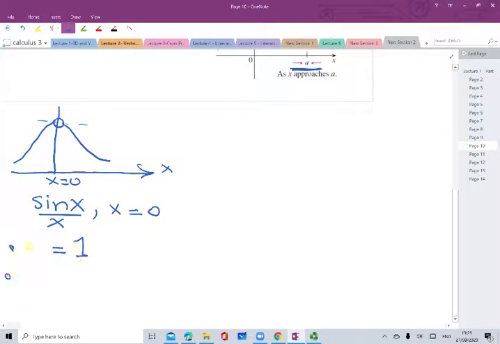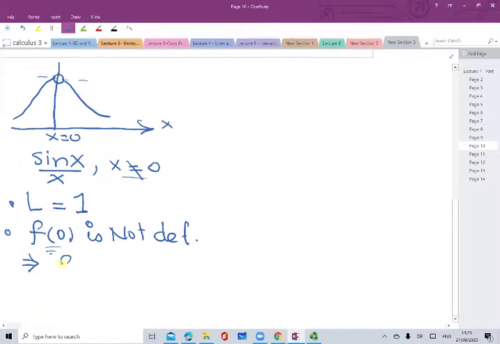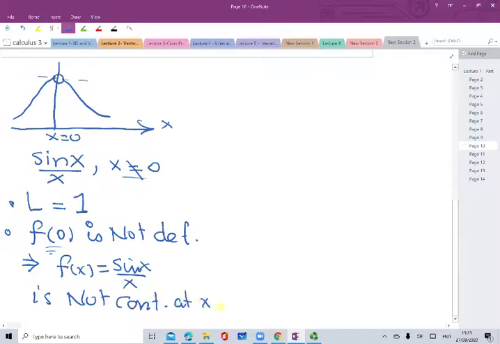So what about the function value? What about the function at 0? Actually 0 is not a point in the domain, so the function is not defined. But f at 0 is not defined, that's why one of the conditions is not satisfied. But definitely the function f of x, which is sine x over x, is discontinuous, or is not continuous, at x equal to 0. One of the conditions is not satisfied.